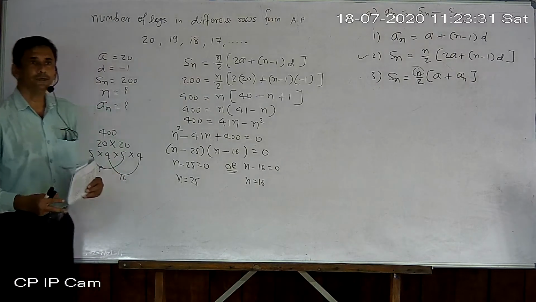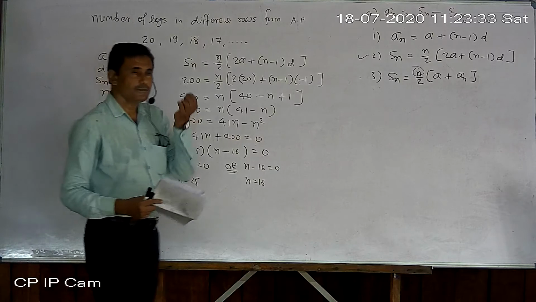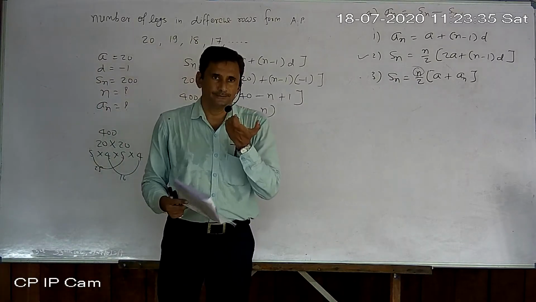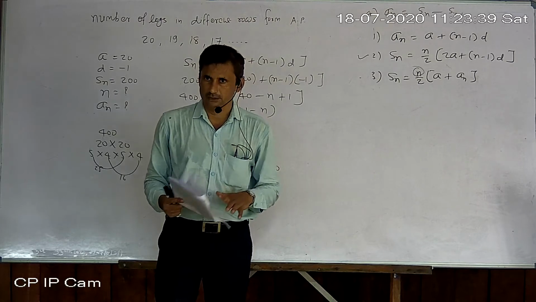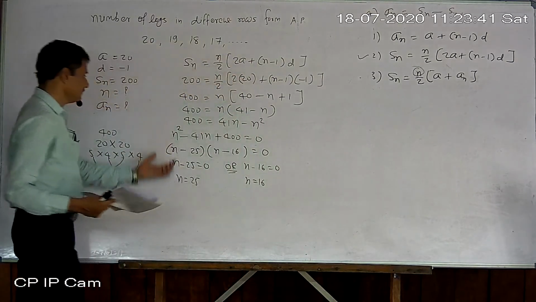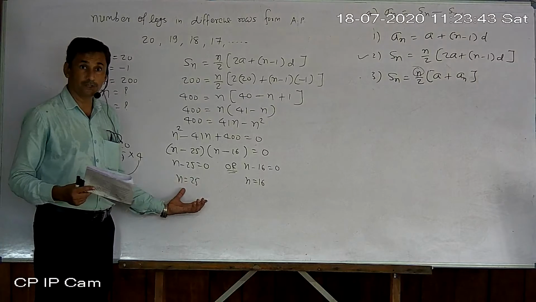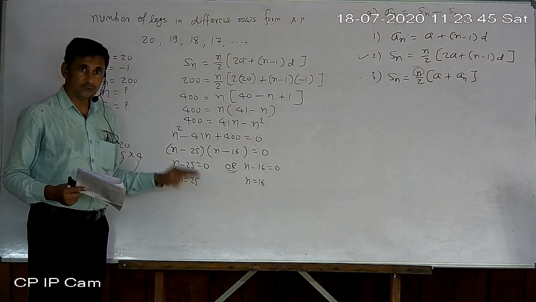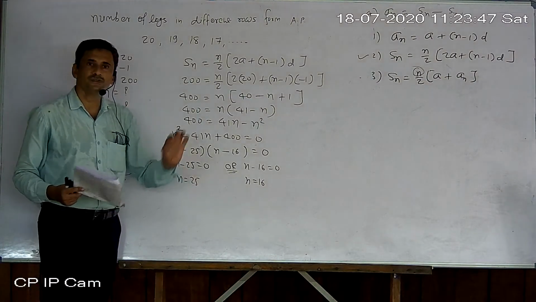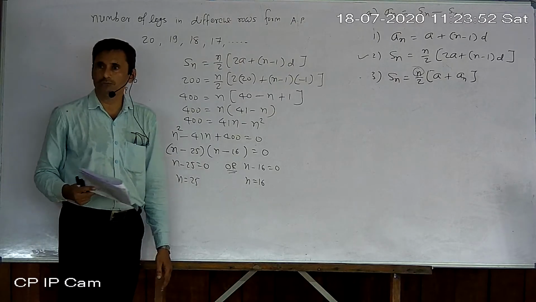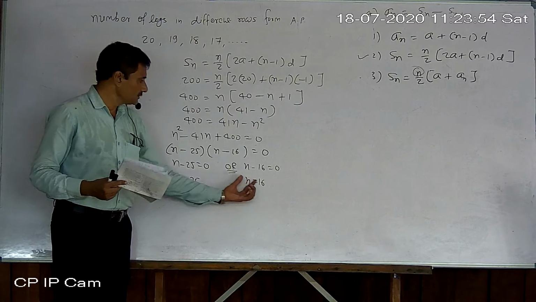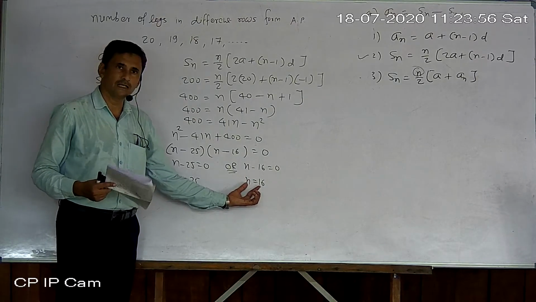And at that time I told you, if you got two positive numbers, then you have to take both numbers as the answer. But this is a real problem, a word problem. So in a word problem only take the first, smaller integer, not the bigger integer. So here we have to take the answer as 16.